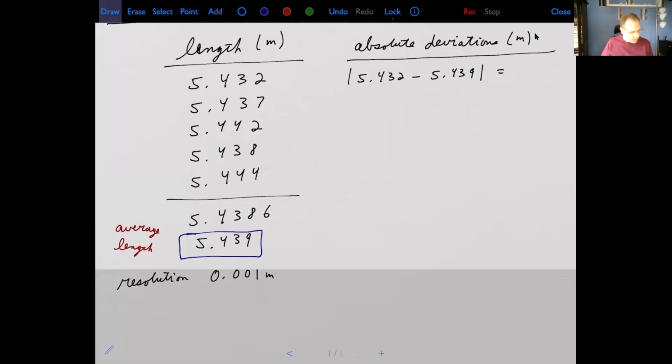And if you do that, you're going to get 0.007. Okay, so you do this for each case. I'll do all this out, but in general, you can usually do this in your head, because you're just asking, how far is this data value away from the mean? Well, it looks like it's 0.002 meters away. But if we do it out, I would subtract the mean from that particular data value, take the absolute value, and I'm going to get 0.002.